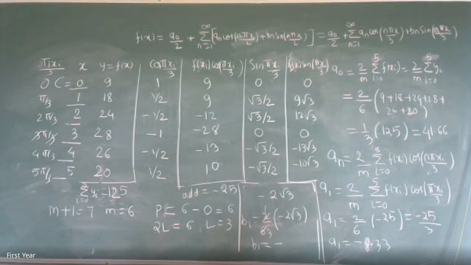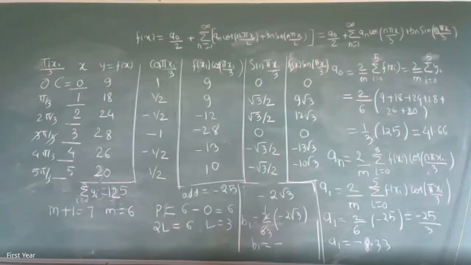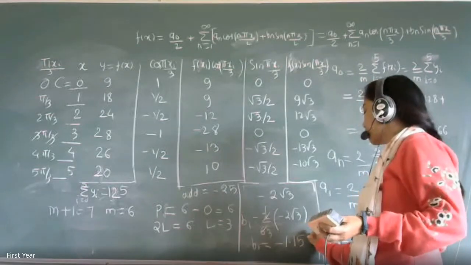What's the value? It is root 3 by 3. Minus 1.154. Minus 1.1547.